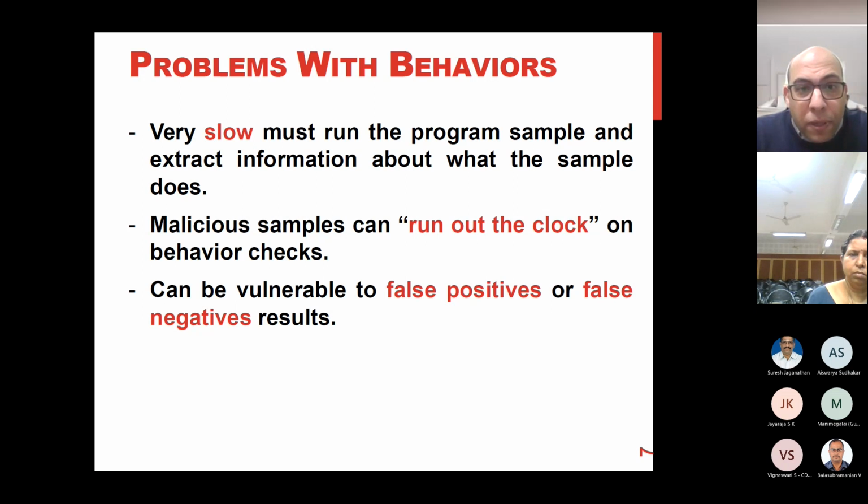And some malicious samples can run out the clock on behavioral checks, which means that some smart malware can detect that they are being investigated in a secured environment or a virtual machine, so they can delay their malicious code from running. This is one of the problems in dynamic analysis. And another problem is that dynamic analysis techniques are vulnerable to false positive or false negative results.